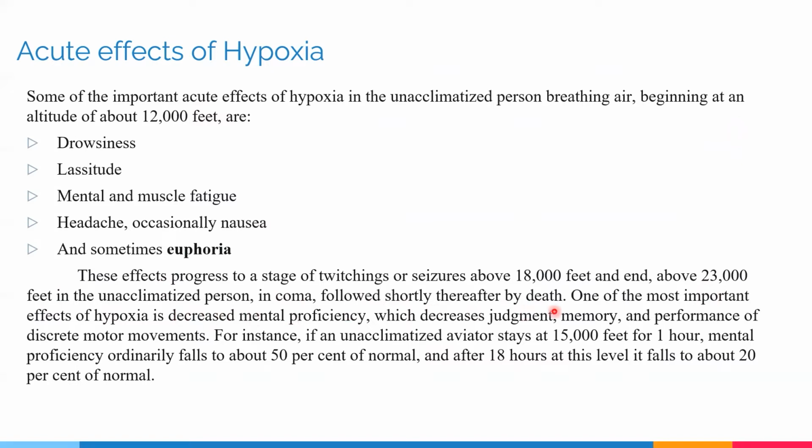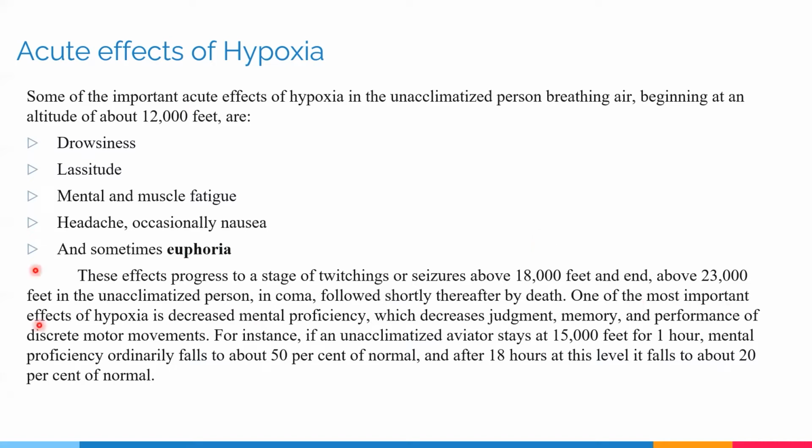Thus, these symptoms continue to around 18,000 feet, after which the symptoms of hypoxia become even more severe, and at around 23,000 feet, an unacclimatized person can fall into coma, followed shortly after by death.